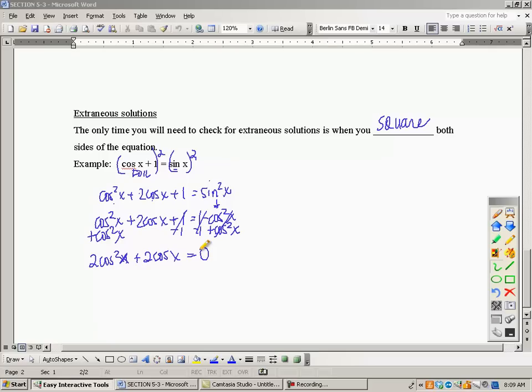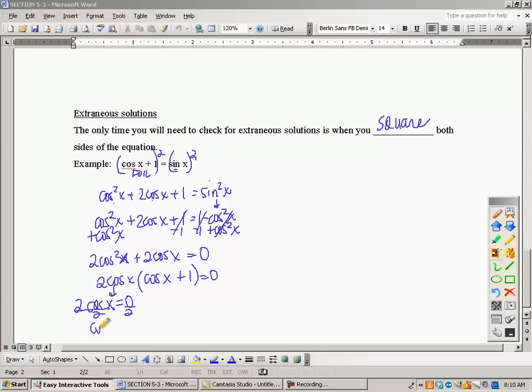Now as I look at this, I only have 2 terms. What I can pull out is a 2 and a cosine. And if I pull that out of the first one, I'm left with cosine plus 1. And like I've done before, I'm going to just set each equal to 0. So 2 times the cosine equals 0.